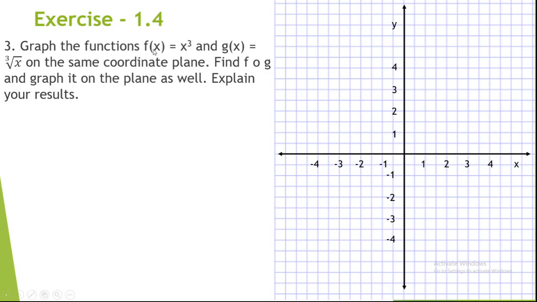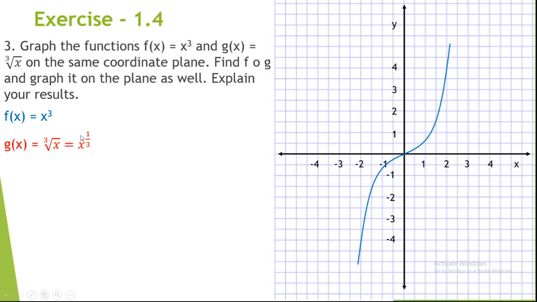Graph the function f of x equals x cube. This x cube graph is already given in question number 1, which we have seen, and using that I have drawn the graph. Now g of x is the cube root of x, which is nothing but x to the power 1 by 3.